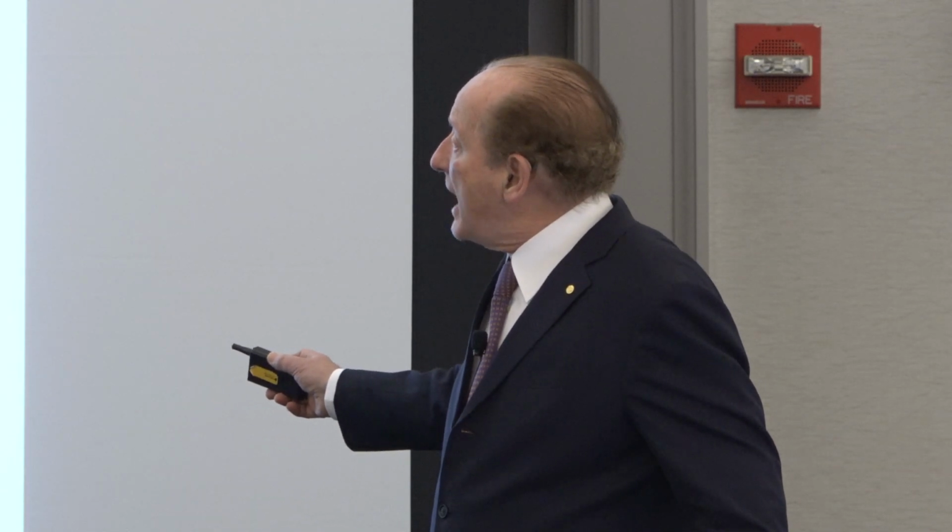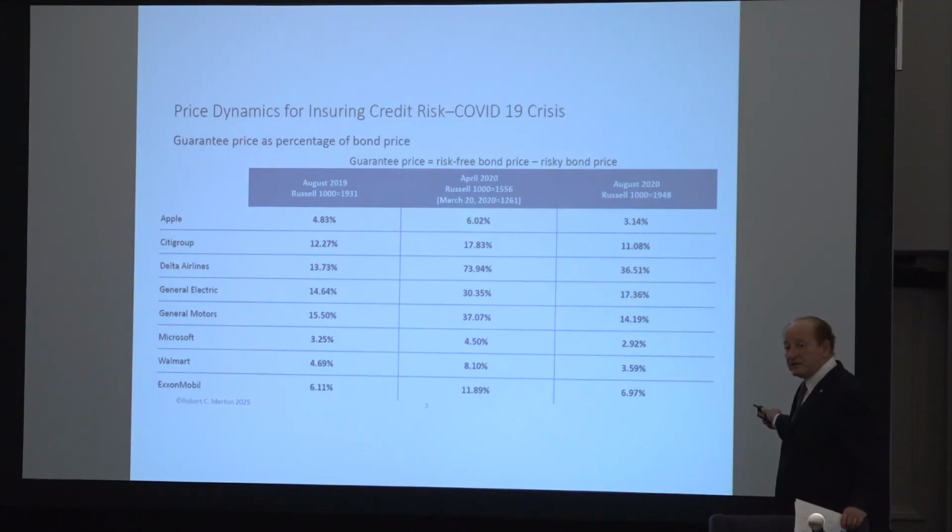Now, look what happened to Apple. It went up 50%. So the same guarantee, same bond, is now 50% higher in value. If you've written the guarantee, your liability went up by 50% of the value. So it's a big number.